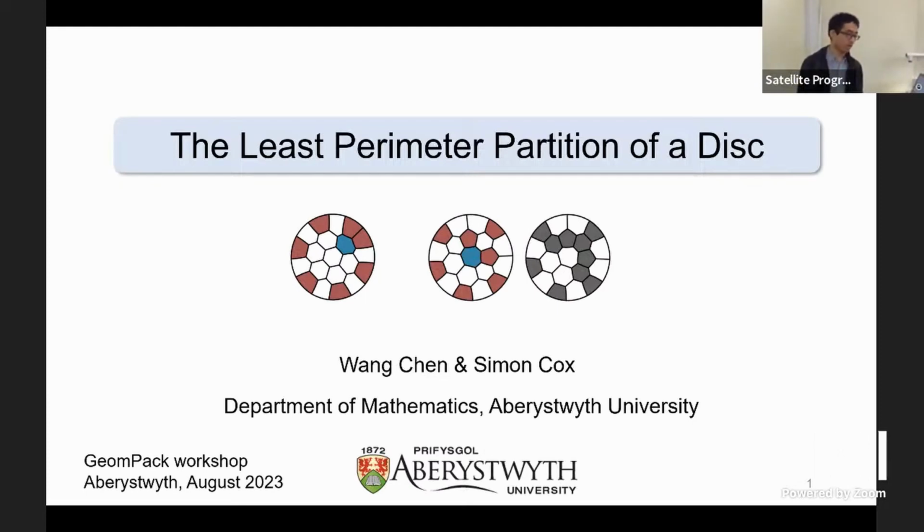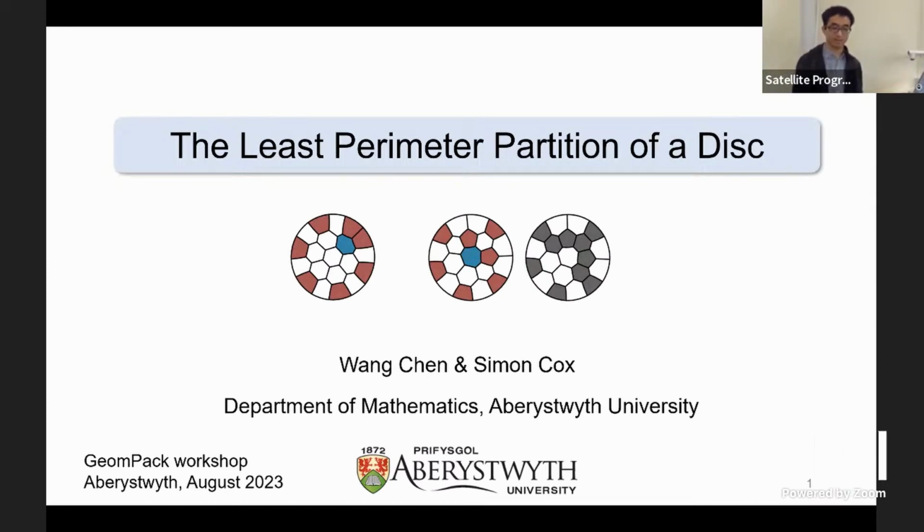So when n is less than or equal to 3, the optimal solution for the least perimeter partition of a disk into regions of equal area seems quite intuitive. For n equals 1, it's just a circle. For n equals 2, cutting the disk in half.